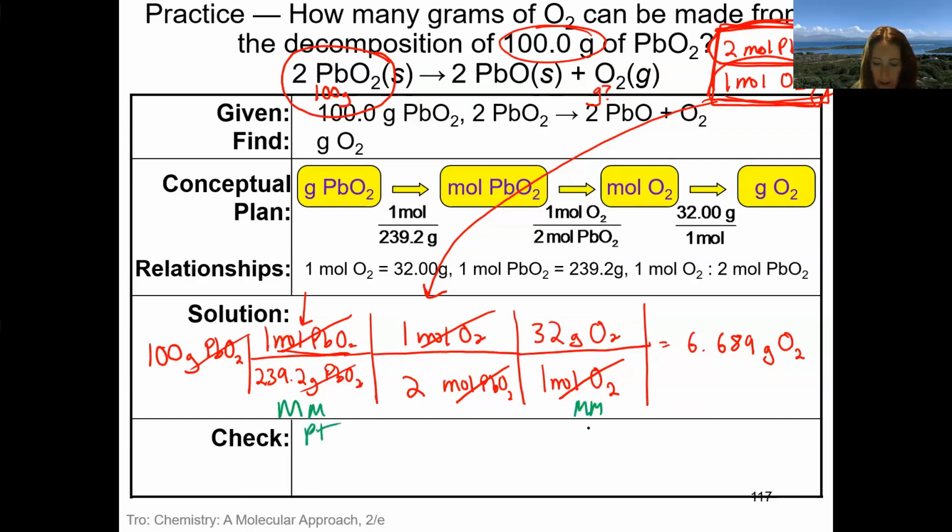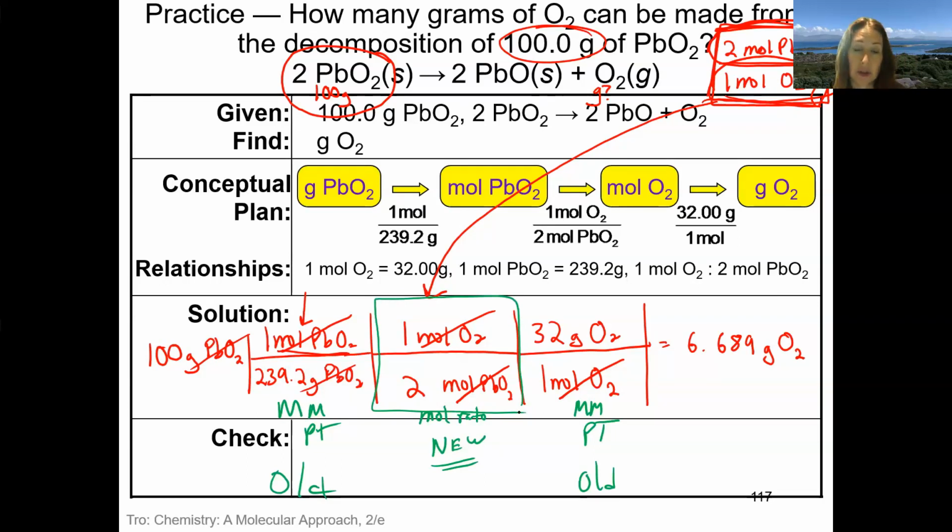This molar mass, periodic table. This is our mole ratio. This is the only new thing. This is old. This is old. This is new. So all the mole ratios are doing is bringing things we already knew how to do and joining them together, right? So this is the only new piece to what we just did.